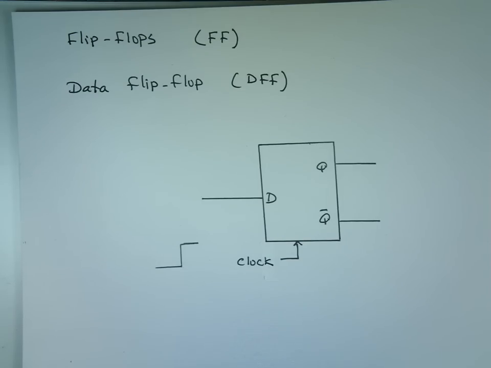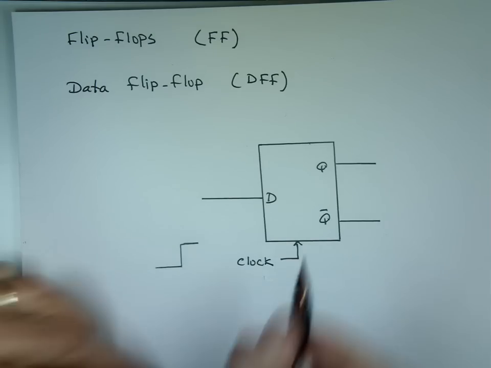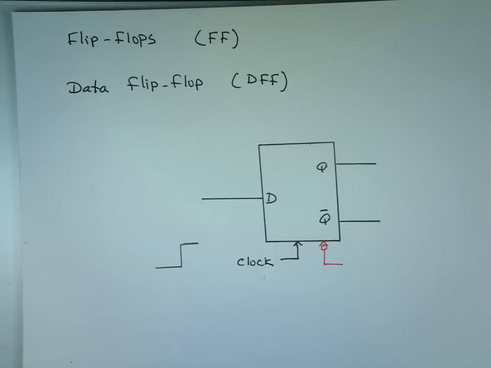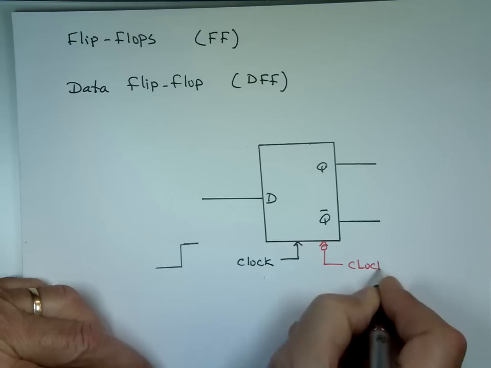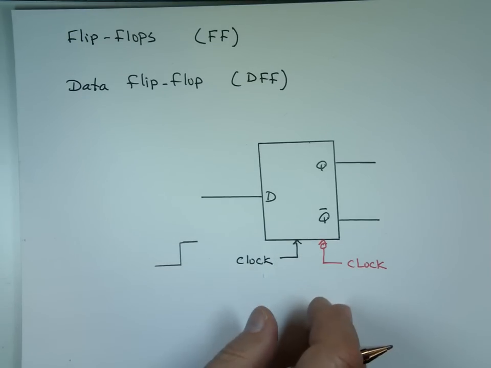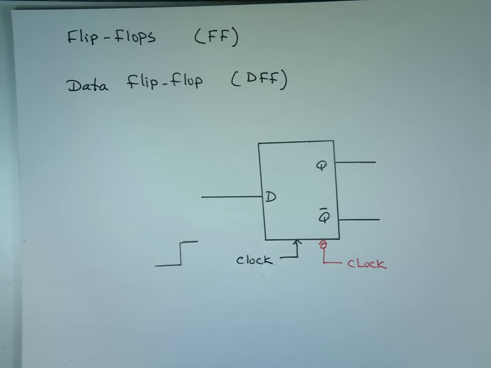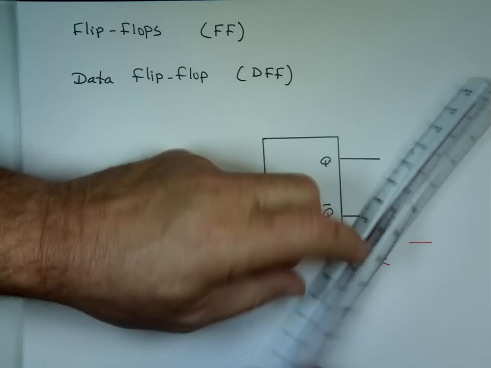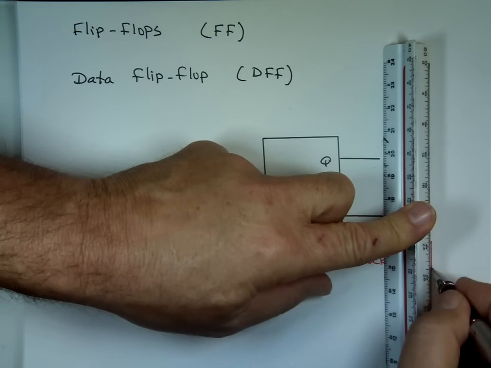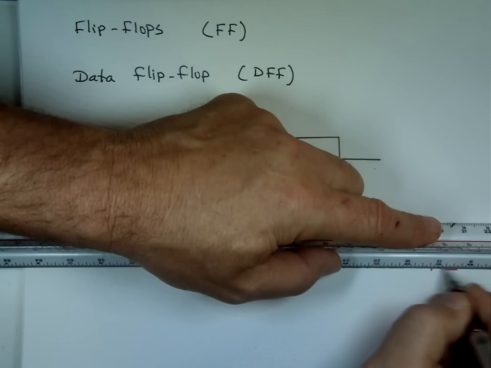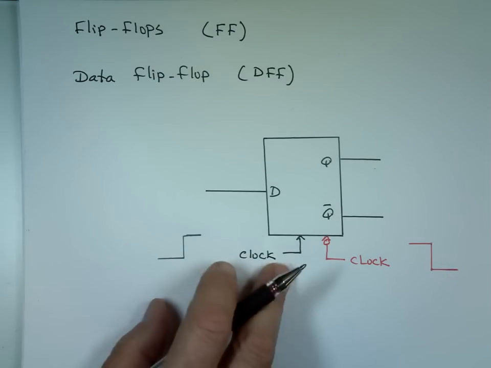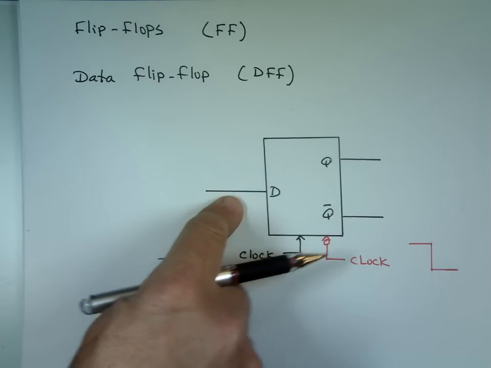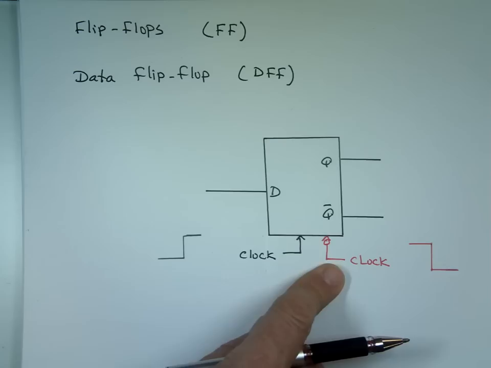If the clock looks like this, with a bubble on it, that means this is going to work on what? It's called the falling edge, as the clock goes from 1 to 0. This one is on the rising edge, this is on the falling edge. As the clock goes from 0 to 1, the value of Q will depend on D. If it's this one, as the clock goes from 1 to 0, that's when we look at it.